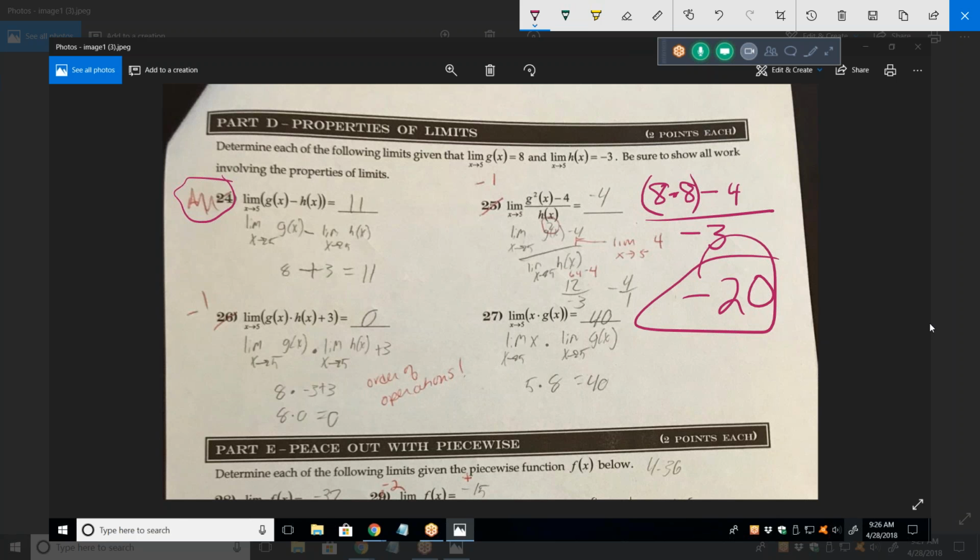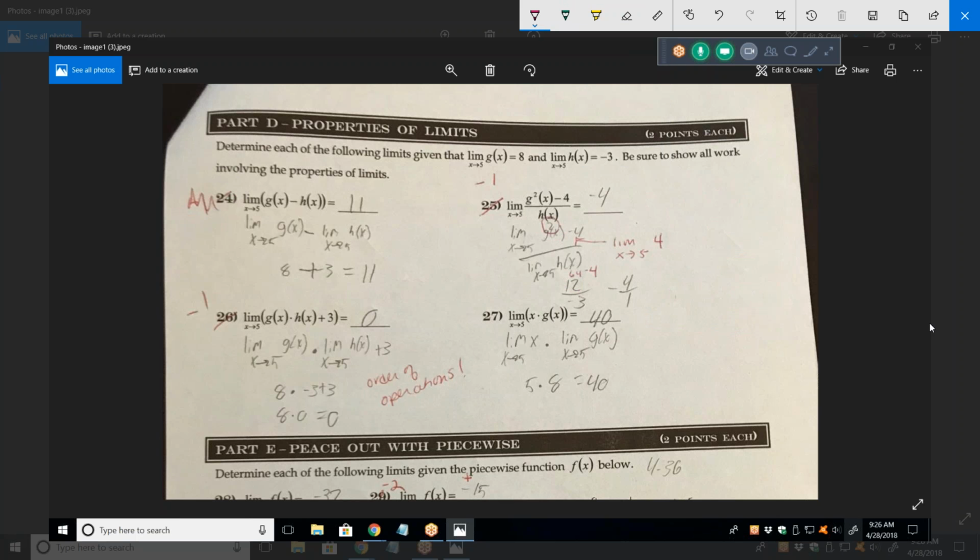I think the only thing you did wrong was this part here. G squared of x, somehow you came up with 12, it looks like. Yeah, I know what you did. You doubled it. You did 8 plus 8 minus 4, and that's 16 minus 4, which is where you got that 12. Okay, that makes sense. And let's look at 26.